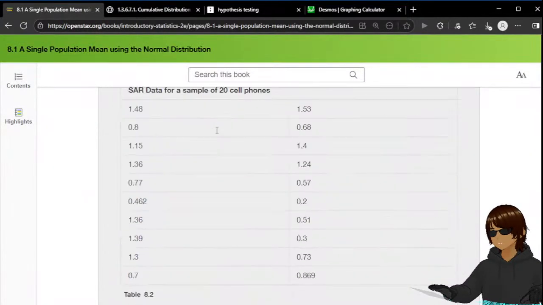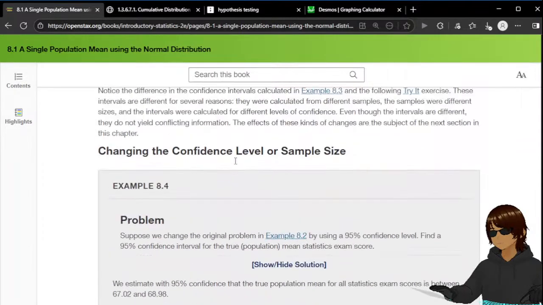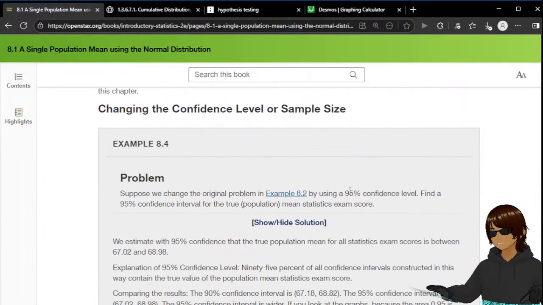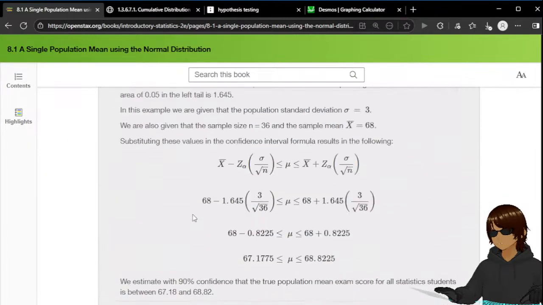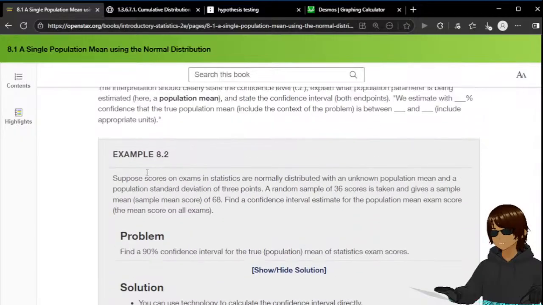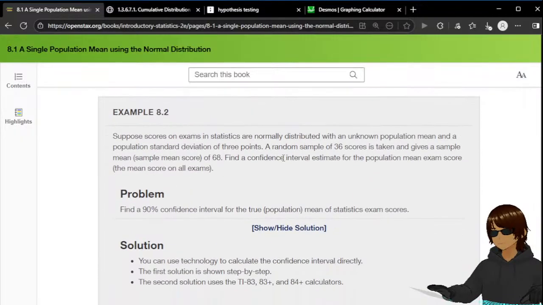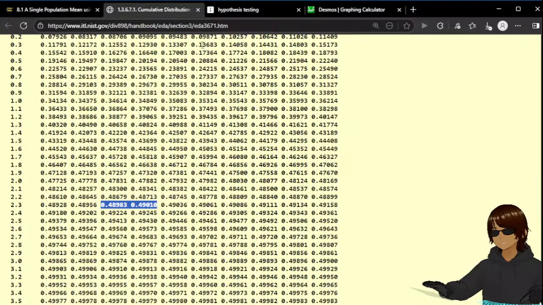So what do they want us to do again? 95% confidence level. So what did we find before? 90%. And they want 95%.